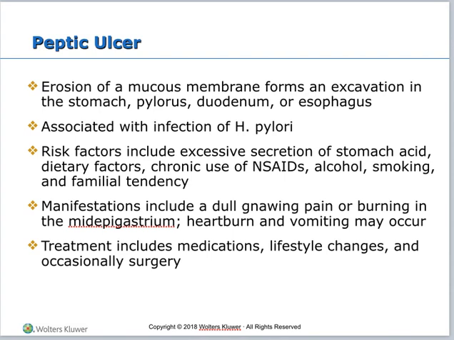What we do to treat it is we're going to have them get IV fluids, probably going to put them NPO, maybe put an NG down them to rest that GI tract, and then we're going to turn to our favorite gastrointestinal meds, our proton pump inhibitors, histamine 2 blockers, if necessary an antibiotic.